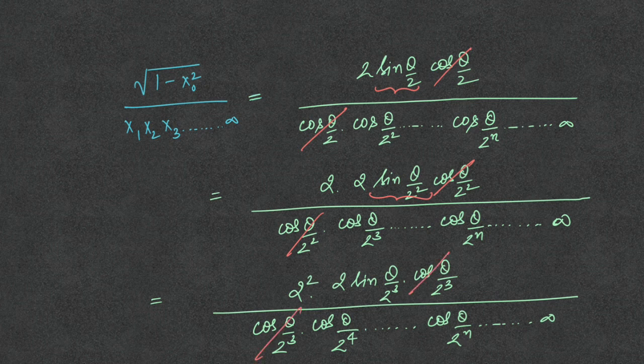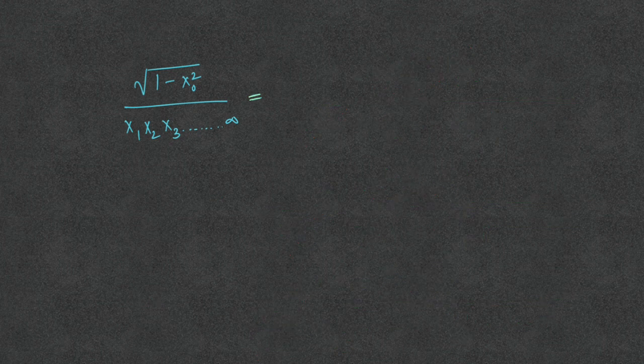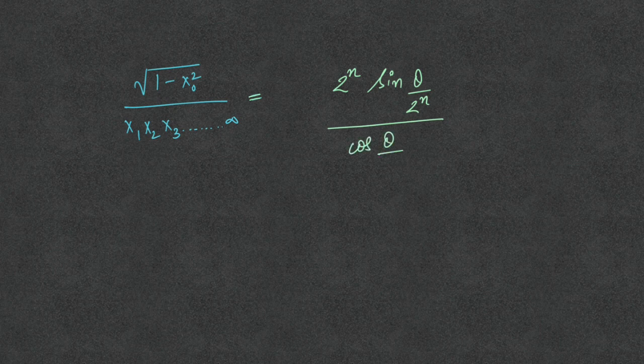Now doing this process for n number of times, we will finally get 2 raised to power n into sine of theta upon 2 raised to power n upon cos of theta upon 2 raised to power n plus 1. But we know that n should tend towards infinity as the product is tending towards infinity.